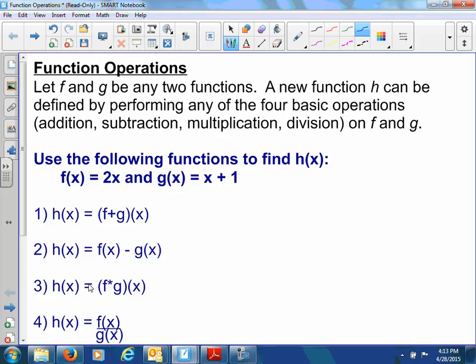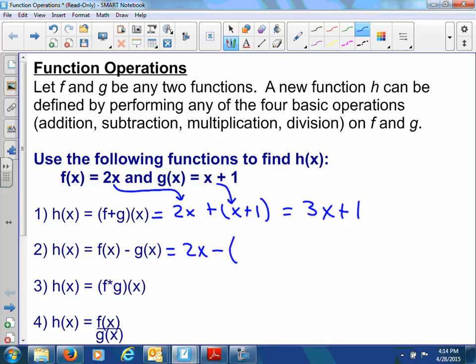What that's going to be is 2x for my f of x plus x plus 1 from g of x. Combine like terms, and that gives me 3x plus 1. If I'm subtracting f of x minus g of x, that's going to be 2x minus (x plus 1).